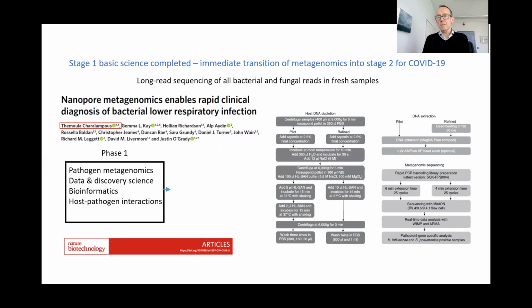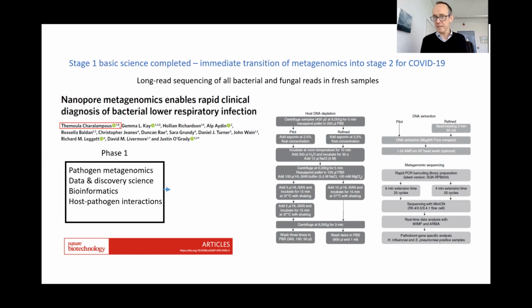Now, something else happened to us when we first got hit by that first pandemic wave. A postdoc arrived from Justin O'Grady's lab, called Themis, who just published this paper in Nature Biotechnology on nanopore metagenomics and how that could help with rapid clinical diagnosis. Now, the difference with metagenomics is you don't PCR up the gene sequence. You essentially directly sequence all the DNA and RNA in the sample in real time.